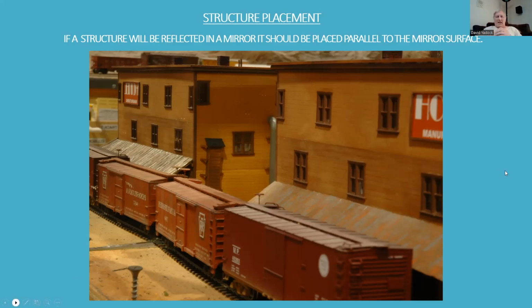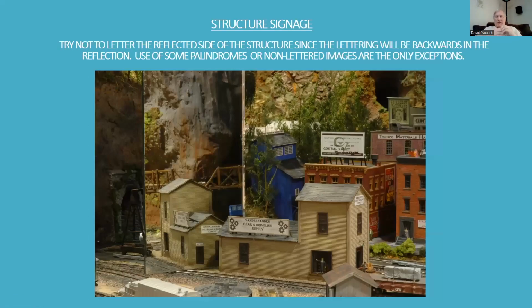So here I set up a dummy mirror on my layout to show you what happens if you place the mirror at an angle. The other thing I wanted to show you is about writing, especially signs on a building. Unless it is an image that is just a design, or a palindrome, it can be reflected and not really change drastically.